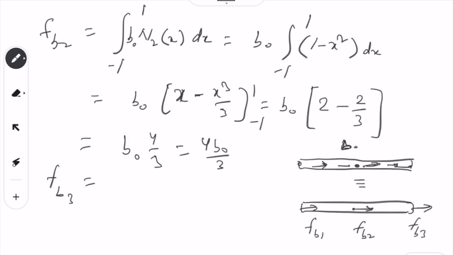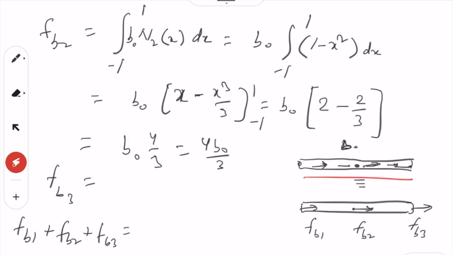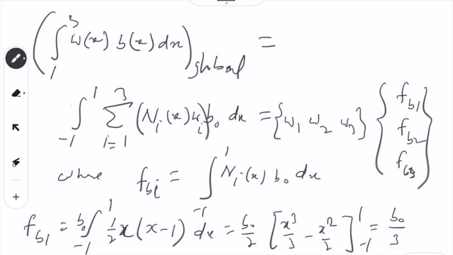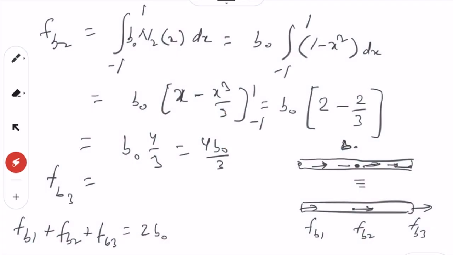So basically FB1 plus FB2 plus FB3 has to be equal to B naught times the length, which is 2, so it has to be 2 times B naught. So far FB1 is B naught over 3 and FB2 is 4 B naught over 3, so if you add these two, that becomes 5 B naught over 3.